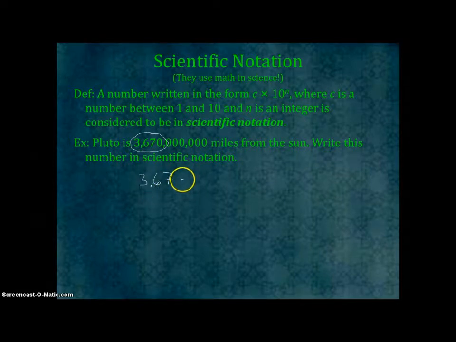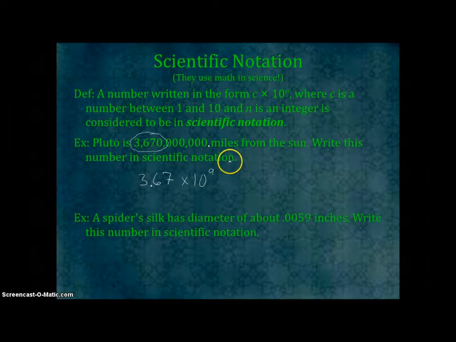Now, if I want that decimal place there, I need to multiply by 10 to some power in order to move the decimal place over. Well, I had to move the decimal place from up here, 1, 2, 3, 4, 5, 6, 7, 8, 9 places over. So in order to move it 9 places over, I do times 10 to the 9th.